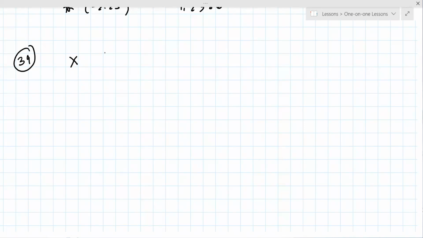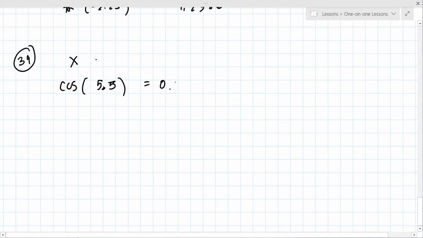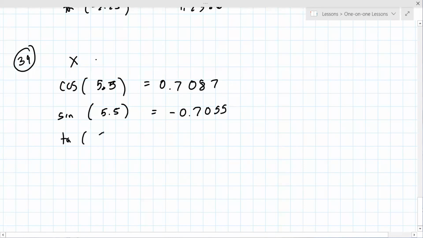So the one that you like is 5.5, 0.7087, sine 5.5, minus 0.7055, tangent.